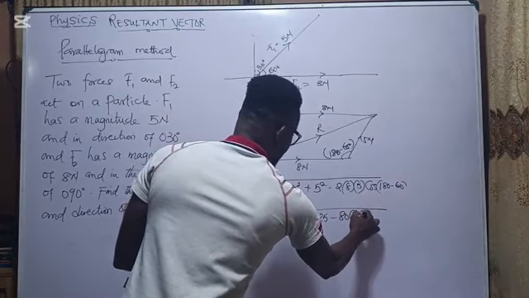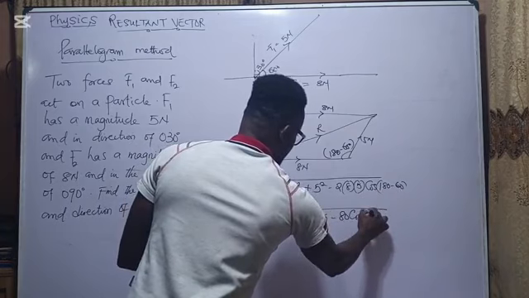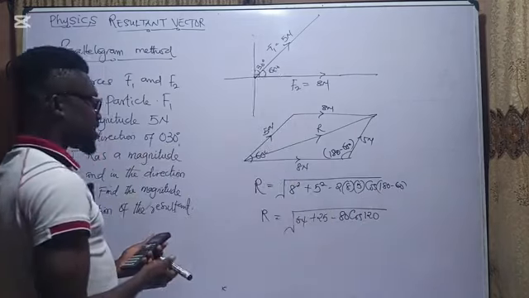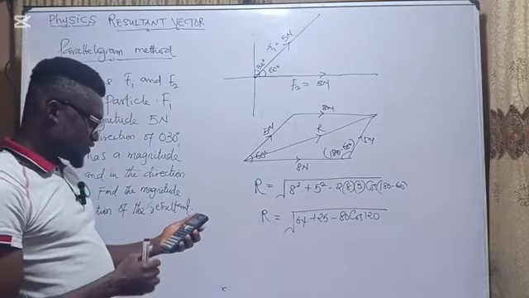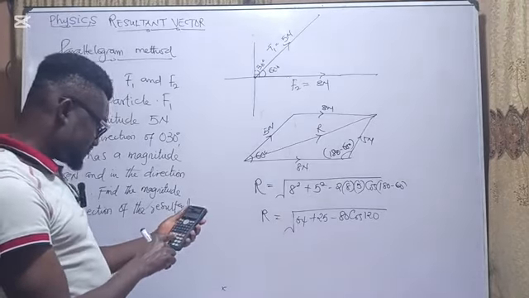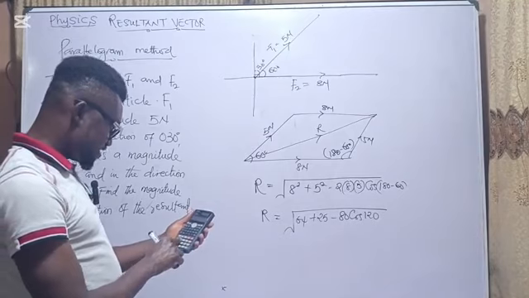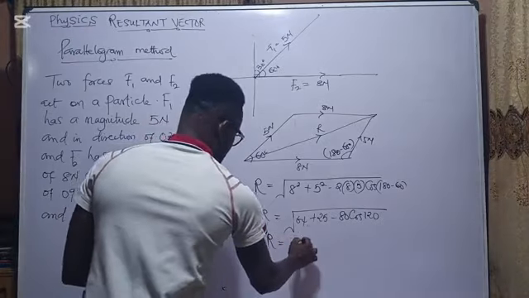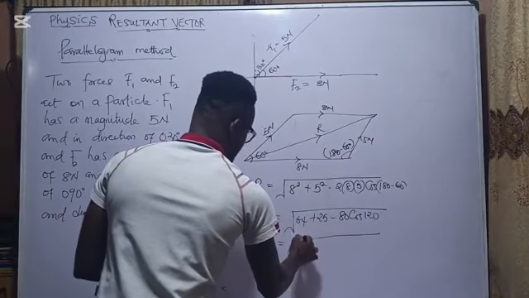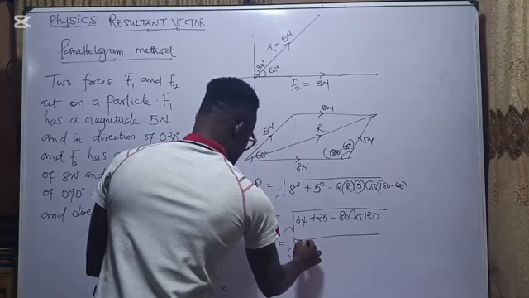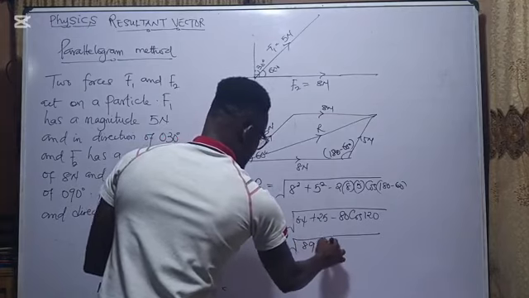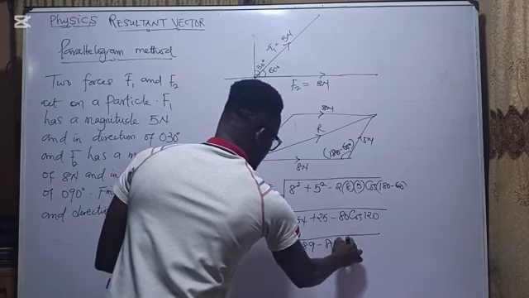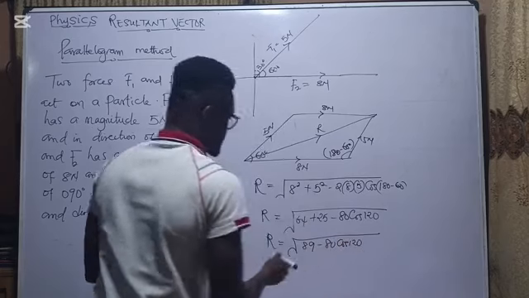Then cosine of 180 minus 60, which will give 120. So at this point, we sum 64 and 25, then we have the resultant as the square root of 89 minus 80 cos 120.